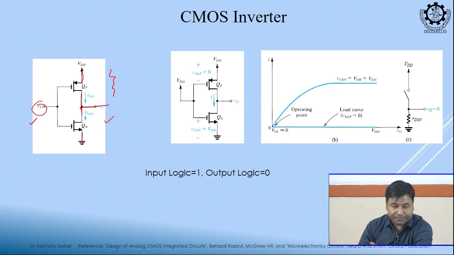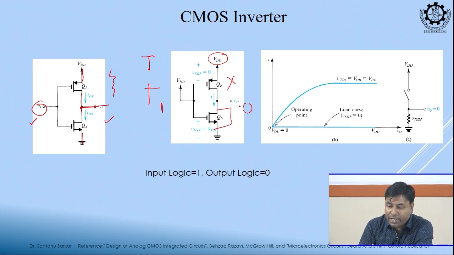Now, let us discuss. Suppose input is VDD. The source is at VDD, input is also VDD. What is the VGS of this PMOS? 0. So, PMOS will be off. As if from the VDD side it is disconnected. So, can this output go to VDD? No, it is open. Now, I have given VDD to the NMOS, so this MOS will be on, as if it is shorted.